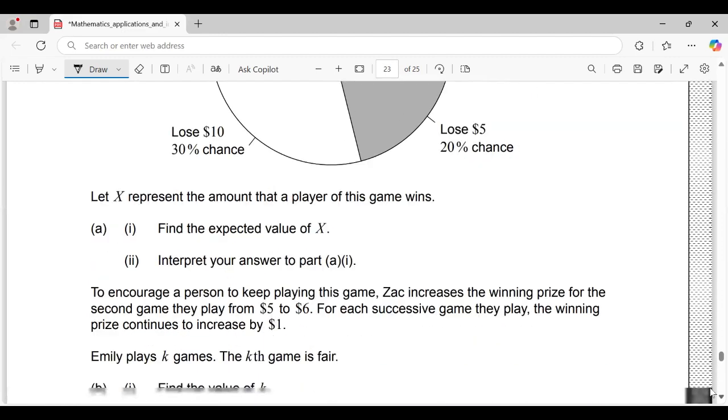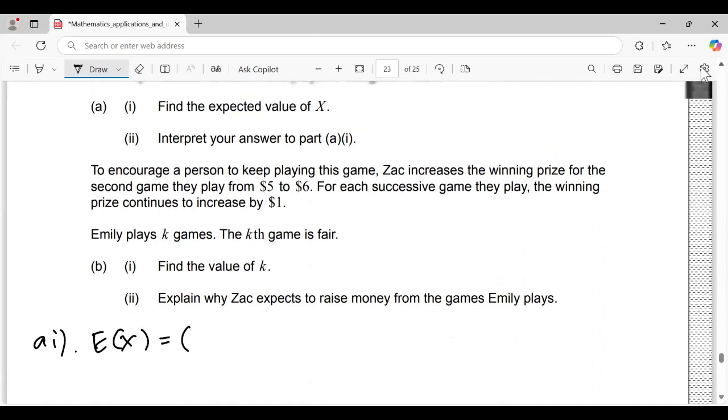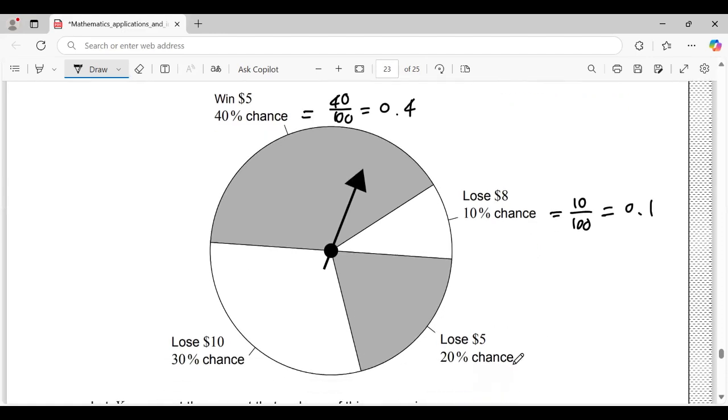So the expected value of X, E(X), is as follows. 40% means 40 over 100, which is 0.4. 10 over 100 is 0.1. 20% is 20 over 100, which is 0.2. And 30 over 100 is 0.3.